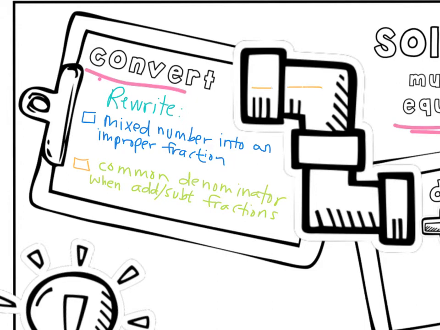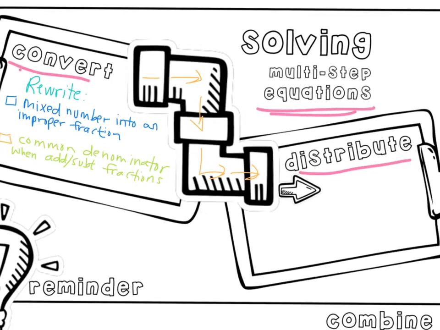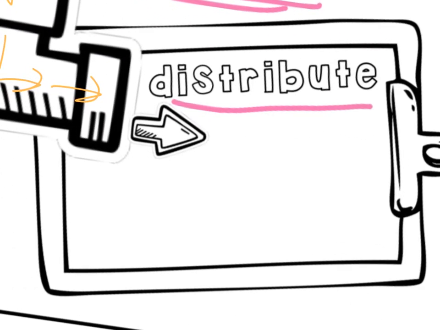Okay, so let's go through to our next step, which is using the distributive property. When using the distributive property, the goal is to eliminate the parentheses. You remember the distributive property uses multiplication.